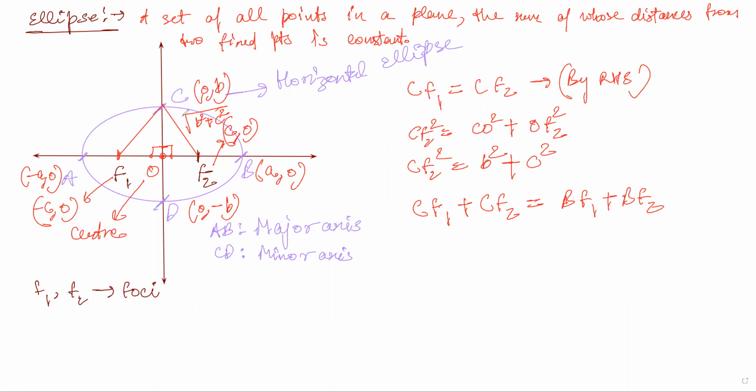Now we know what CF1 and CF2 are. CF1 square and CF2 square, both are B square plus C square. Hence, this value should be twice the root of B square plus C square. And if I talk about BF1, then BF1 would be this whole distance OB plus OF1.